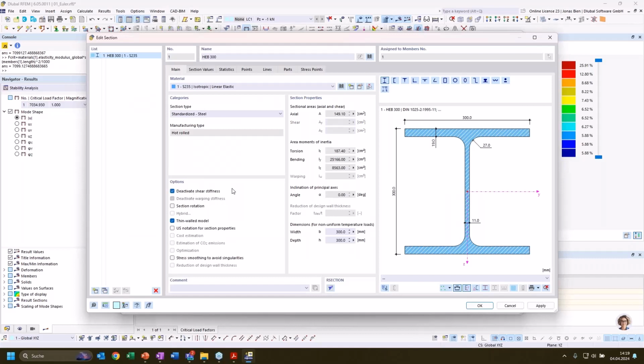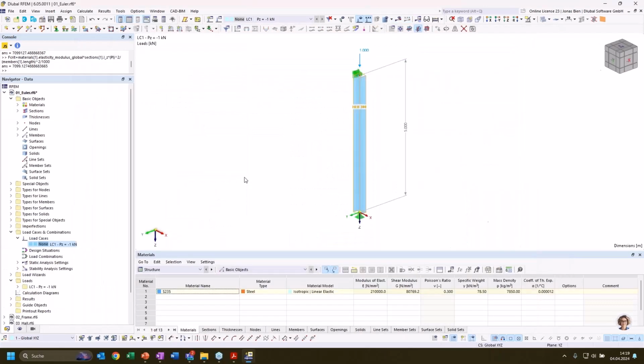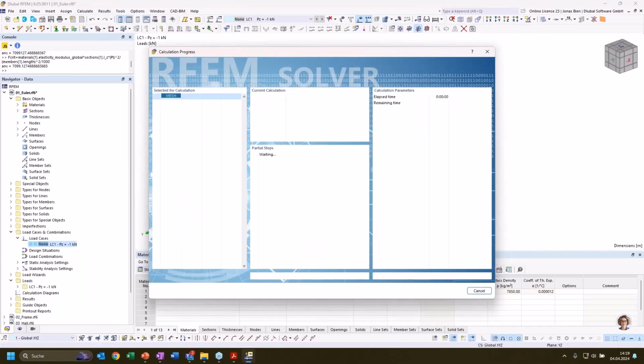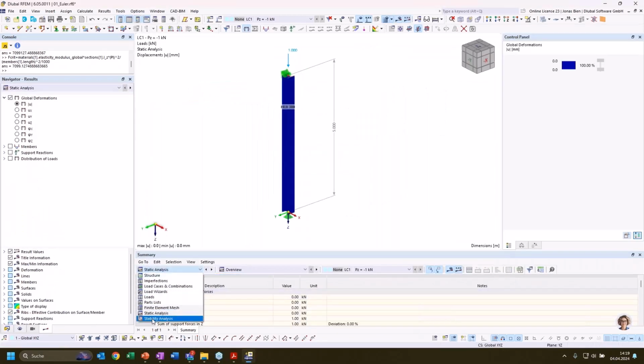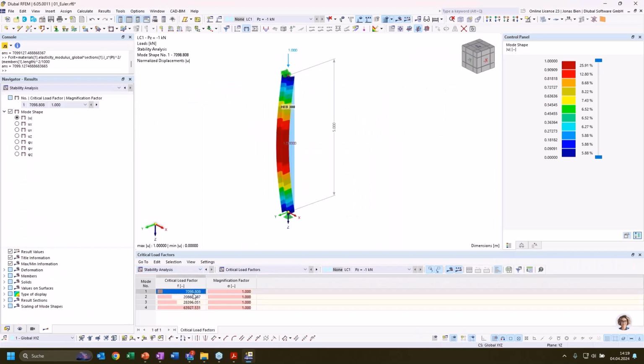So if we want to compare values, we can manually deactivate the shear stiffness for our section in RFEM and do the calculation again and see what our critical load factor would now be. And if I again go to the results, we now see that our critical load factor is much closer to the ideal Euler load.